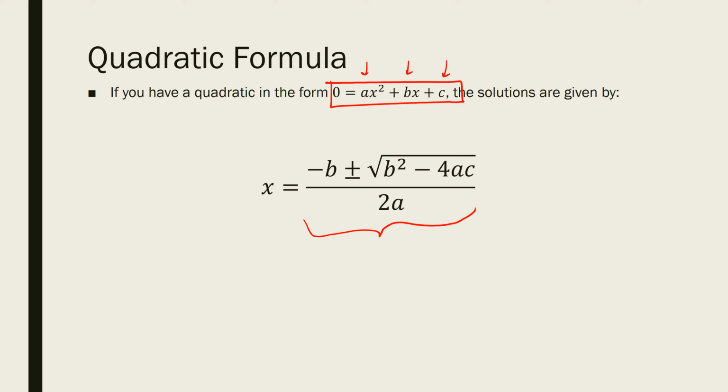So our strategy when solving equations with the quadratic formula is to make sure they're equal to 0, find the coefficients of x squared, x, and the constant term, and plug them into this formula.